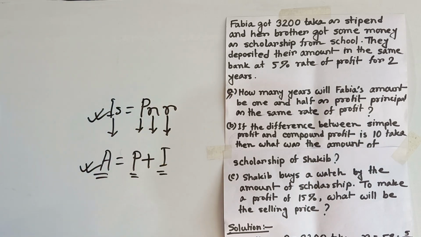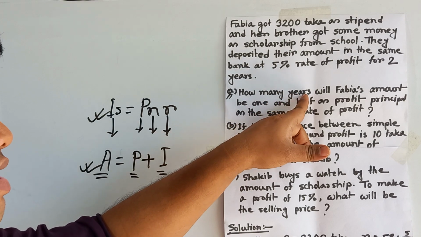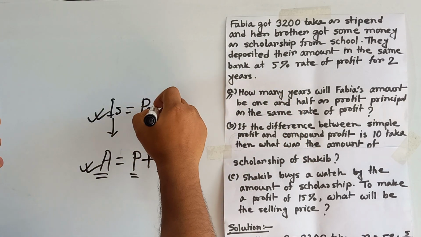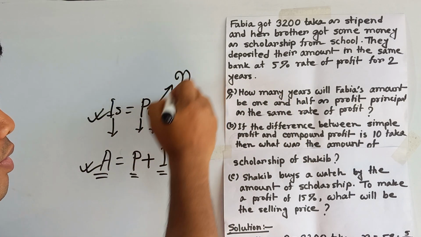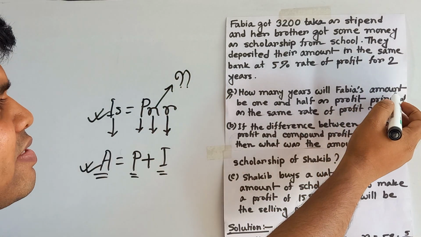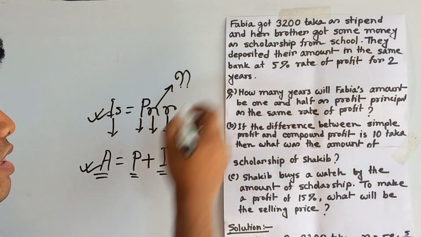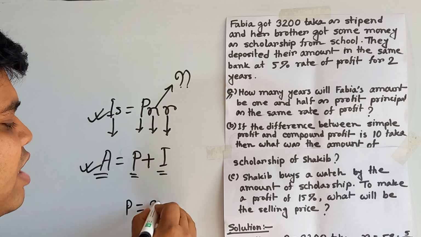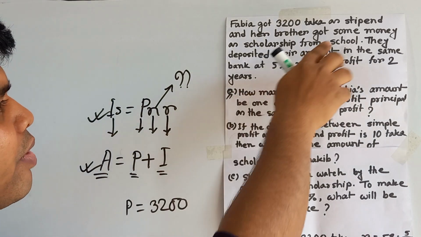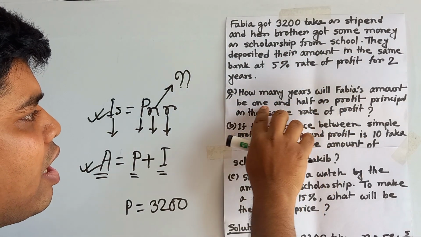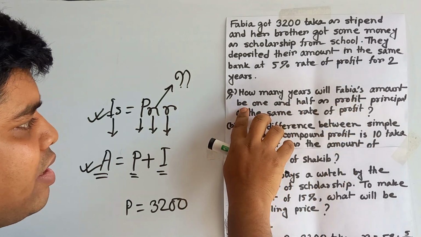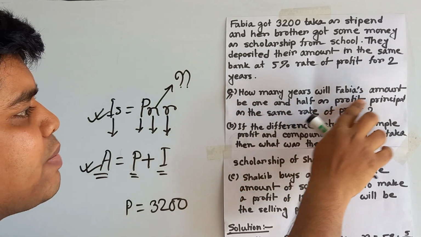Question number A. Here you notice, how many years? That means the year is unknown; N is unknown here. Fabia's amount means principal, that is P equal to 3,200 taka. And Fabia's amount should be 1.5 times the profit principal.